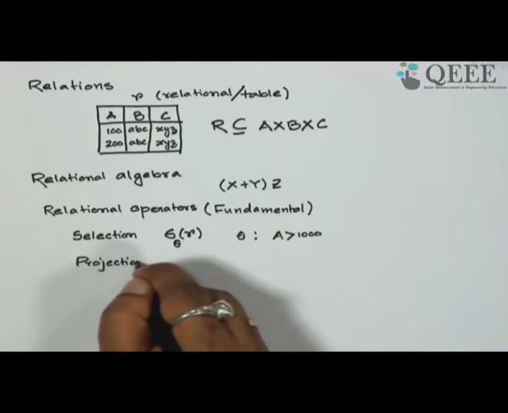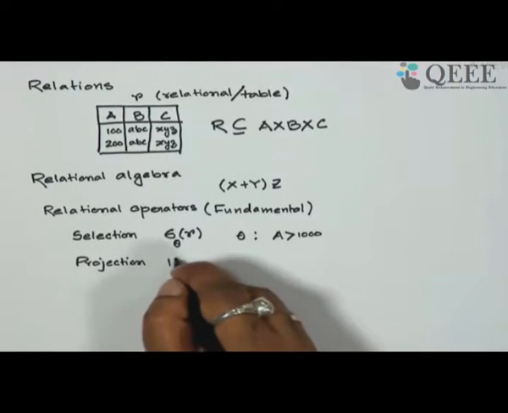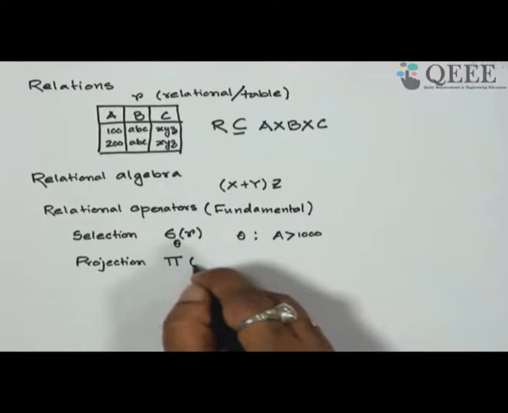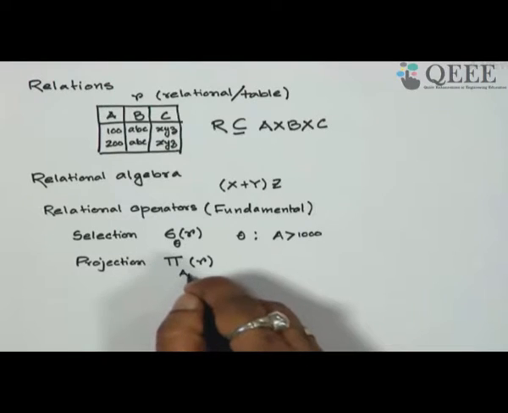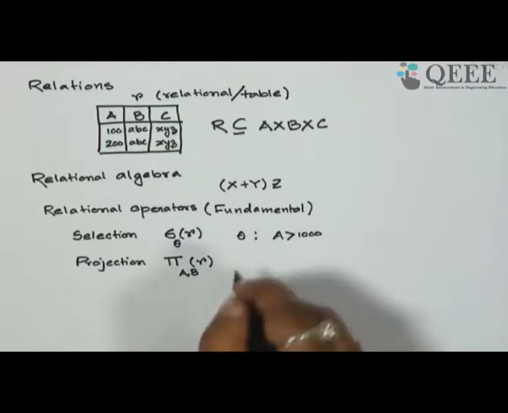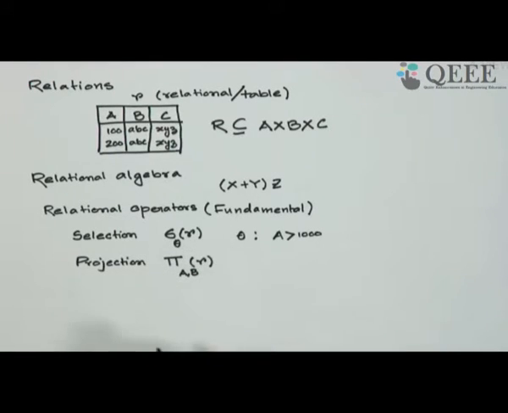Then you have projection, again a unary operator, but with a subset of attributes. Basically it chooses a few columns of the table.